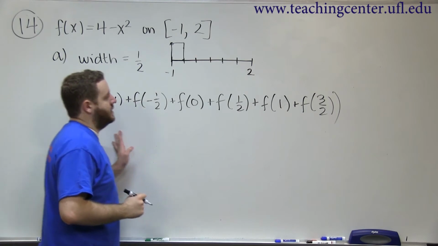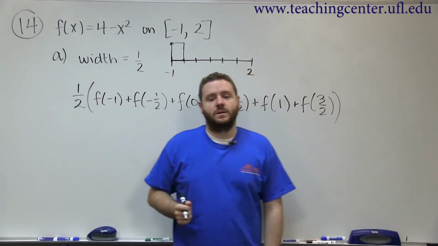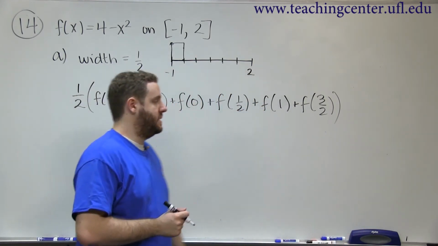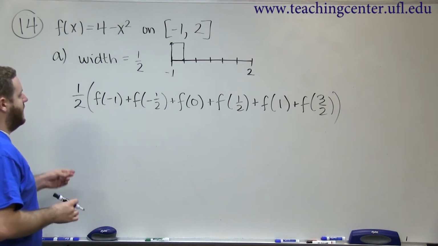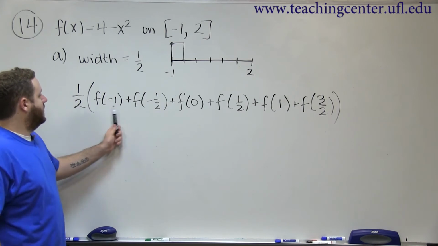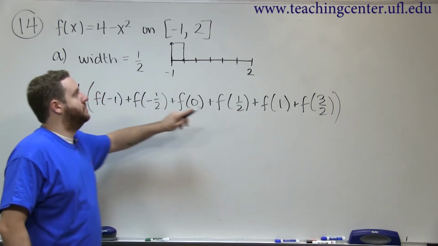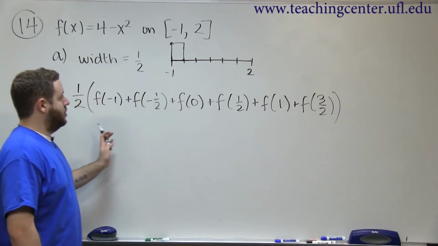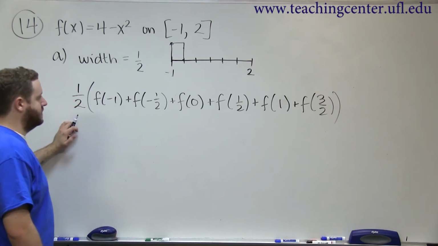So this expression right here would give us the estimate. So I'll leave that solution to you because that'll take a while, just plugging into the calculator. All you're doing is plugging in all of these numbers into f of x. You add them all up, and you multiply by 1/2.